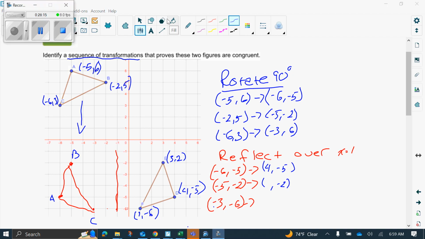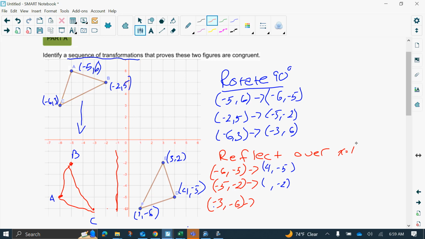Alright, I figured out the issue. I didn't put a negative here. So it's 2 times negative 1 is negative 2, minus negative 6, so that's 6 plus negative 2 is 4. Negative 2 minus negative 5 is 3. Negative 2 minus negative 3 is 1.